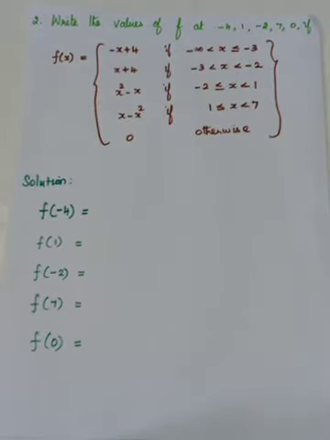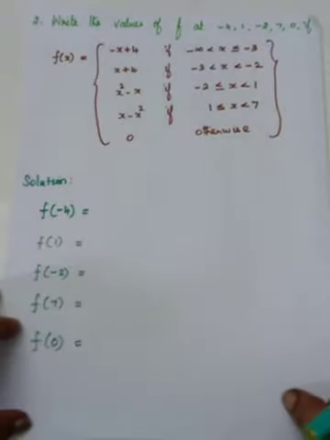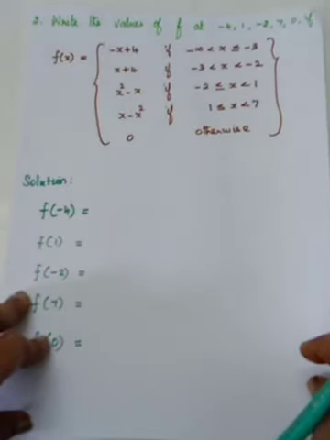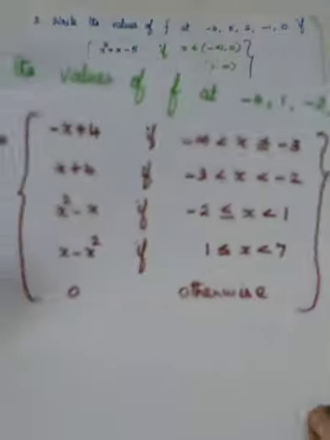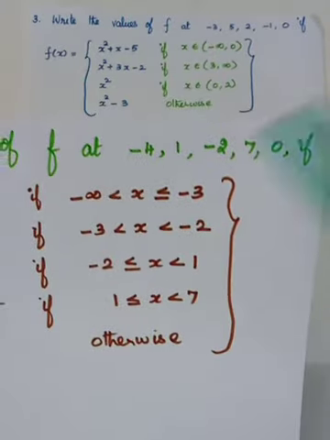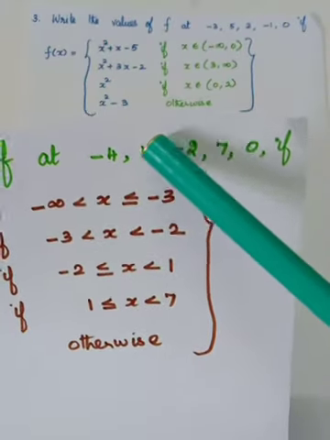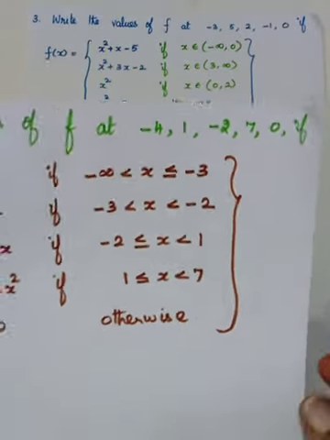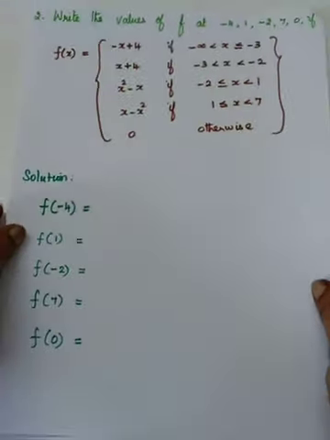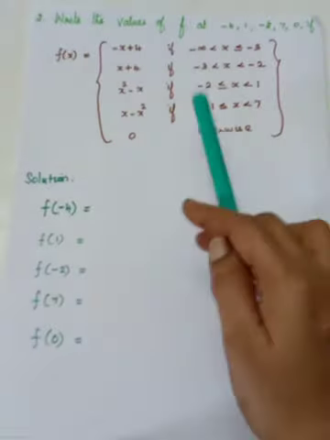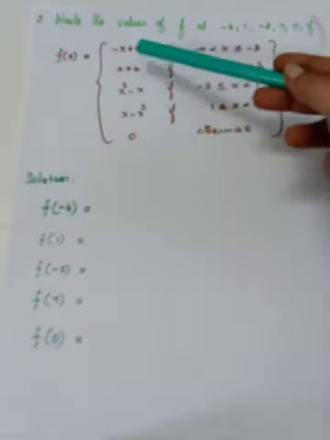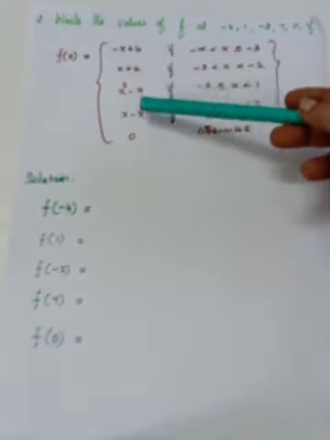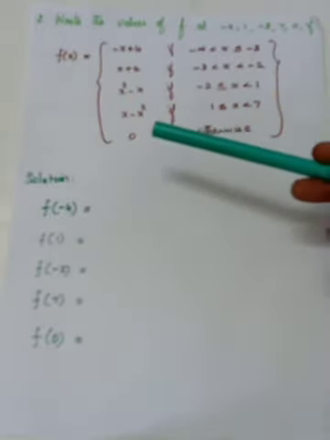Write the values of f at minus 4, 1, minus 2, 7, 0. If you see the function given, f of x, it is divided into 5 parts.